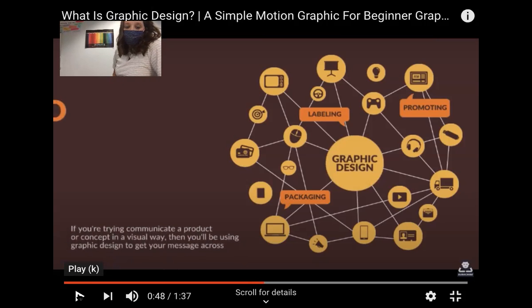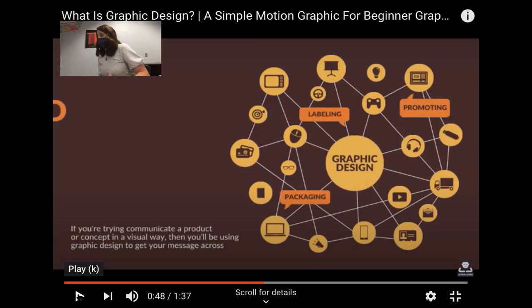If you're trying to communicate a product or concept in a visual way, then you'll be using graphic design to get your message across. That's my favorite thing, and that's what I like to use to explain to people what graphic design is. Because one thing I usually say is, it's pretty much everywhere.